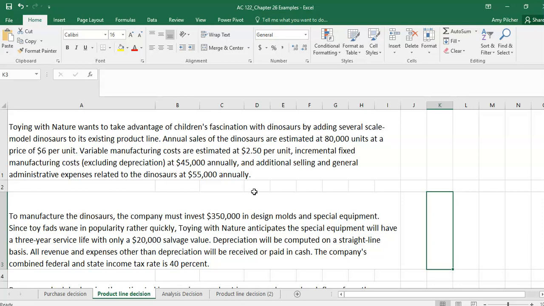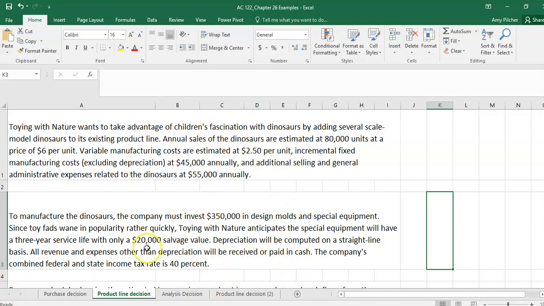In order to make the dinosaurs, they have to invest $350,000 in design molds and equipment. And they predict this will have a 3-year life with a $20,000 salvage value. Depreciation is straight line, and they have a federal or combined income tax rate of 40%.